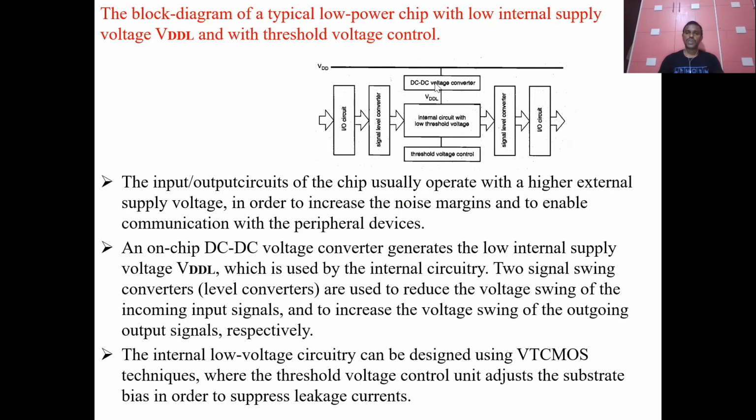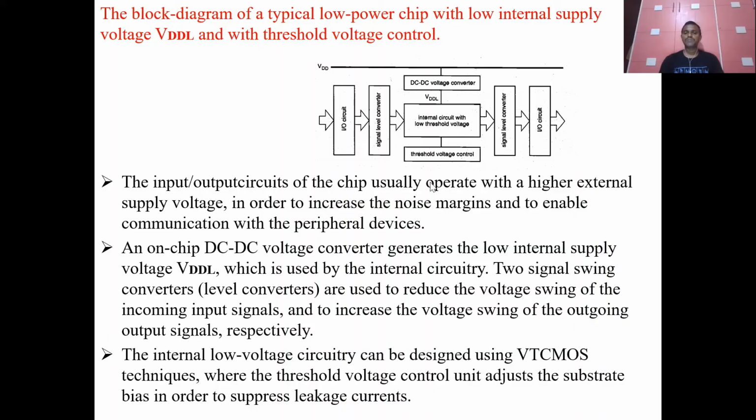After that, we have the DC to DC voltage converter. Its importance is that it converts the higher DC voltage to the lower DC voltage, so it is called a DC to DC voltage converter. That lower value is represented here as VDDL.